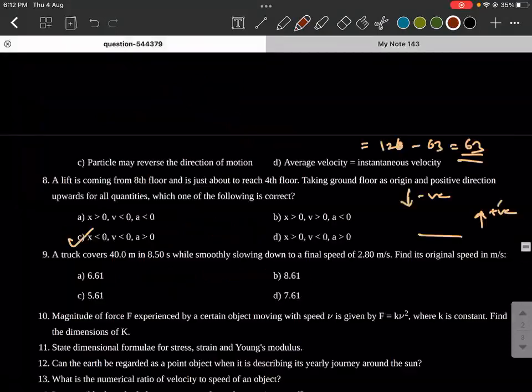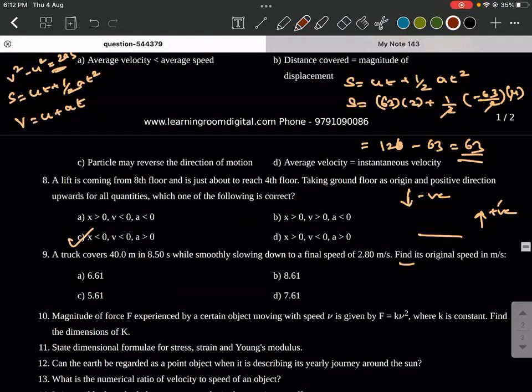Now the next question is, find the original speed is what they are asking.